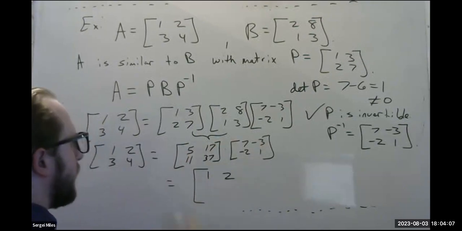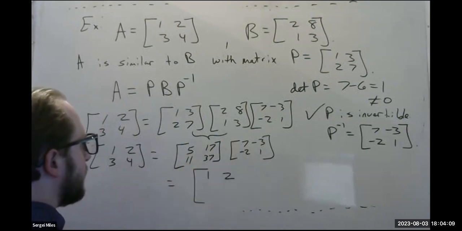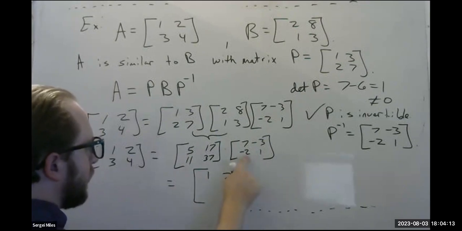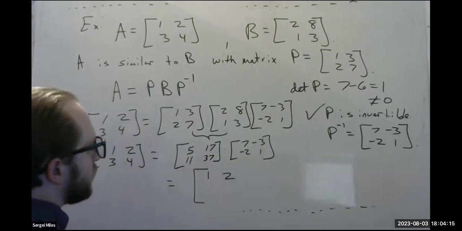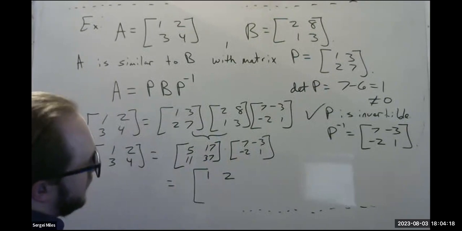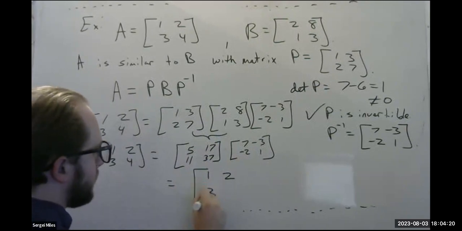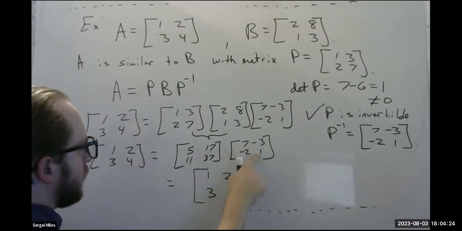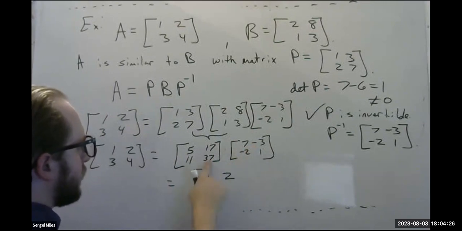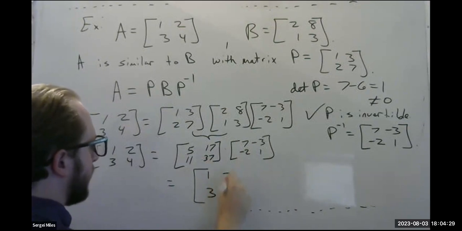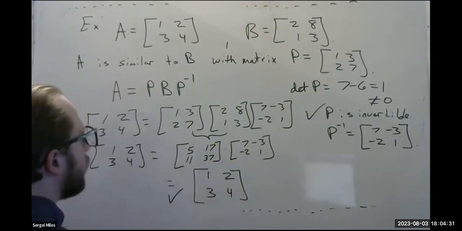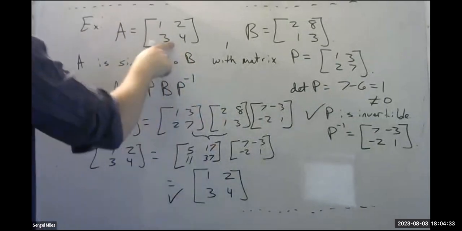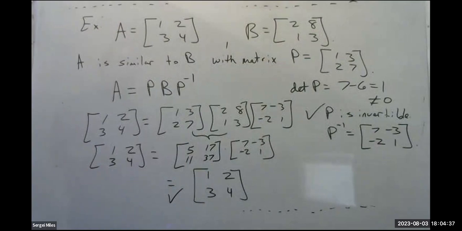Okay, that's good. 11 times 7 is 77. Minus 2 times 37 is going to be, what is that, 74? So we get 3. That's good. And then lastly, negative 33 plus 37 gives us a positive 4. So lo and behold, this matrix A and this matrix B are similar.